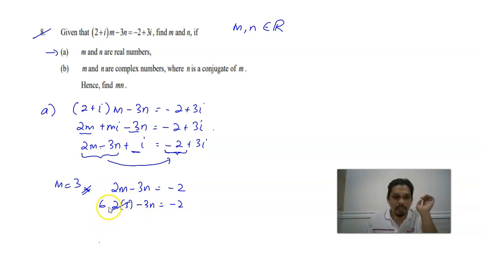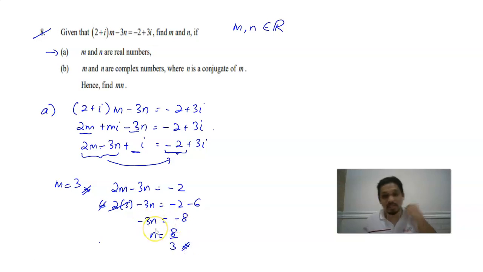So 6, bring it to the other side, becomes negative. Minus 6, negative 2 minus 6 equal to negative 8, equal to 3n. Then n equal to 8 over 3, negative divided by negative is positive. So that's the solution for number 8a.